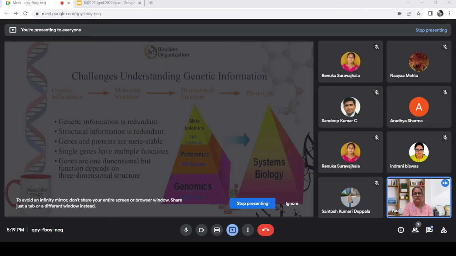Earlier we used to study genomics, the branch of techniques for gene studies. We had proteomics and metabolomics, studied differently, but later we realized that it is the overall system which needs to be studied. It is not the individual genes which affect the phenotype, but the combination of all processes that gives out the final output. So in system biology, we will learn how these different domains of biology interact with each other to give an overall system of biology.